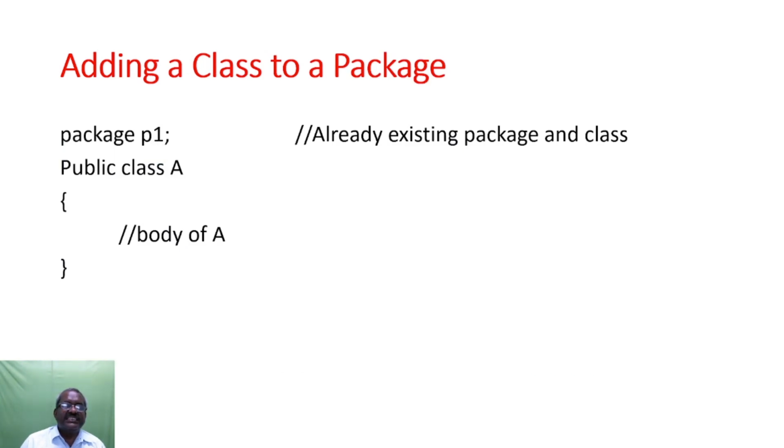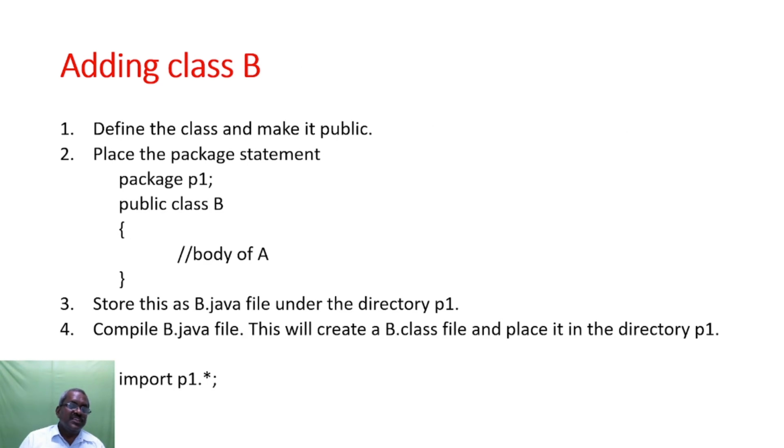Adding a class. This is a general method. You have to do these things, then after this you have to compile, and when you compile, it will go and sit in the package which you want the class to be in, in class format. That is 5 steps.